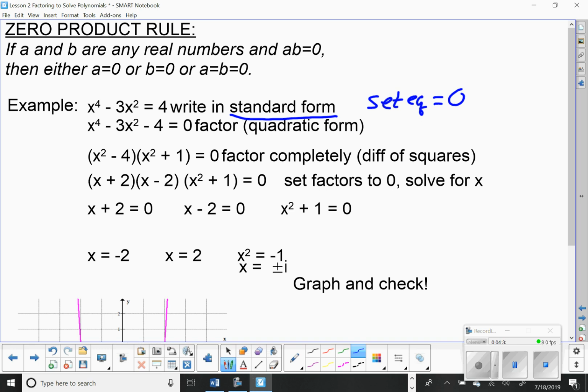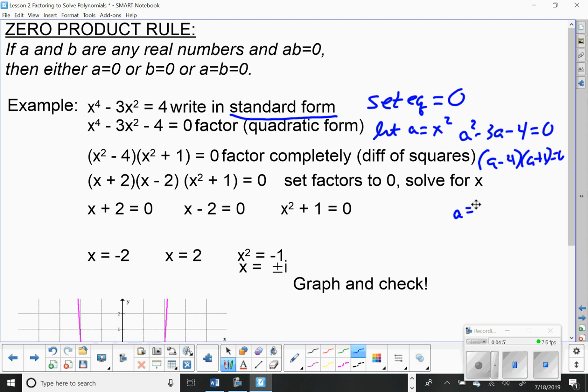It's not a quadratic, but it's in quadratic form. If you had to, you could also let A equal x squared. Then you would have a squared minus 3a minus 4 is equal to 0. When you factor that, you'll get a minus 4 and a plus 1 equals 0.